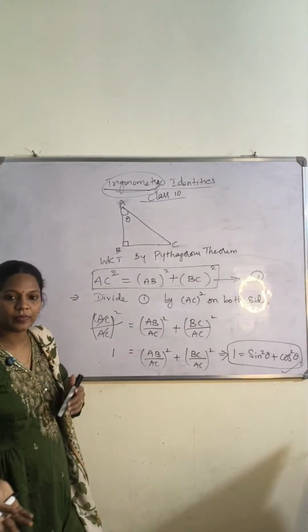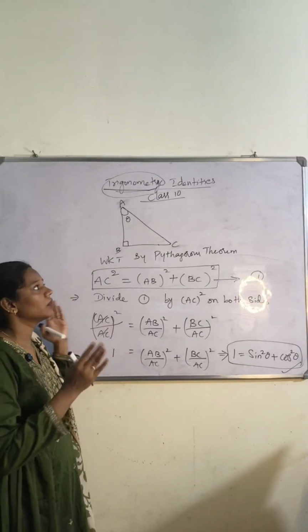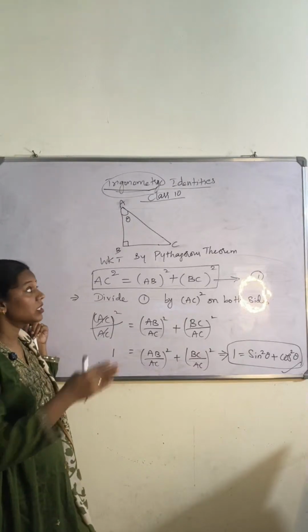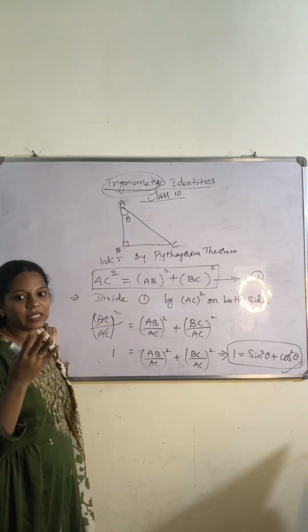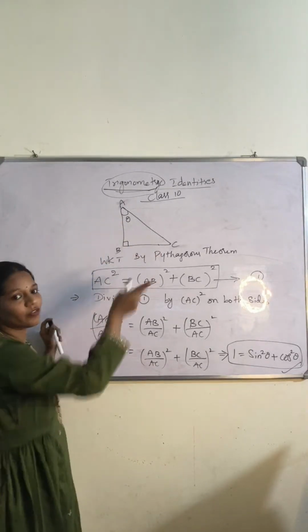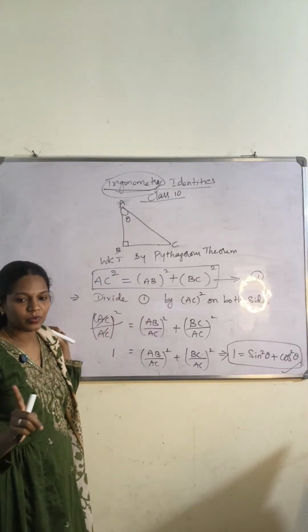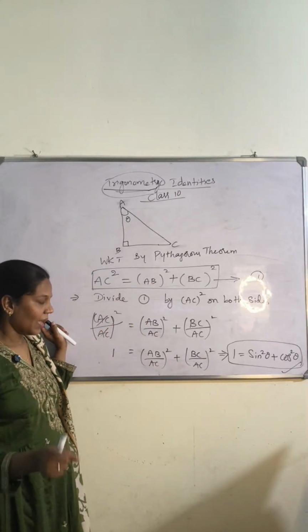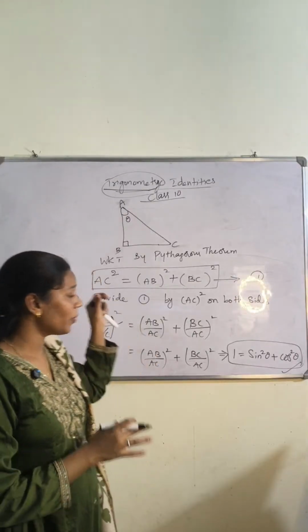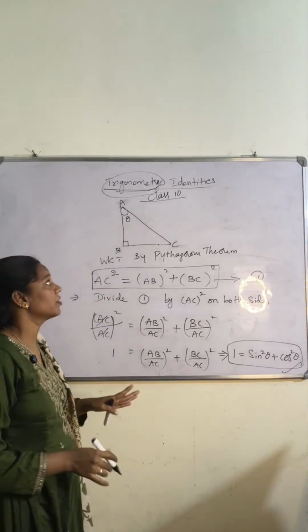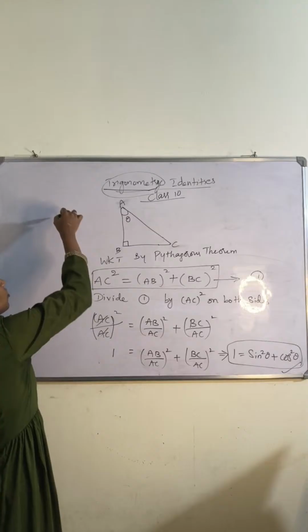Both are same. So there will be no difference. So which angle to consider as theta ante, you can consider any one of the acute angles, not an issue. Okay na? And I guess everybody is clear with the derivation. So this is the derivation.